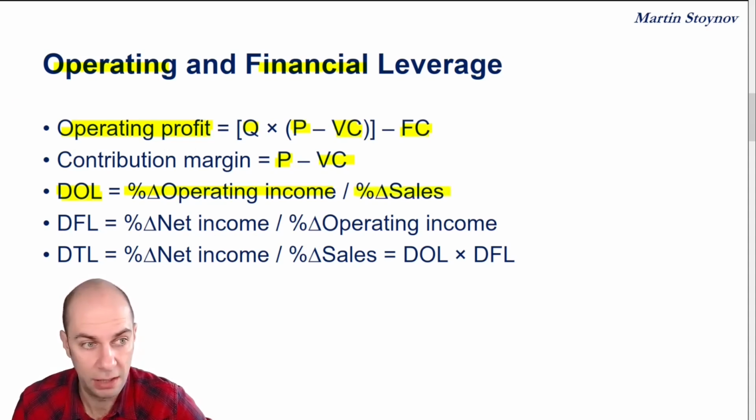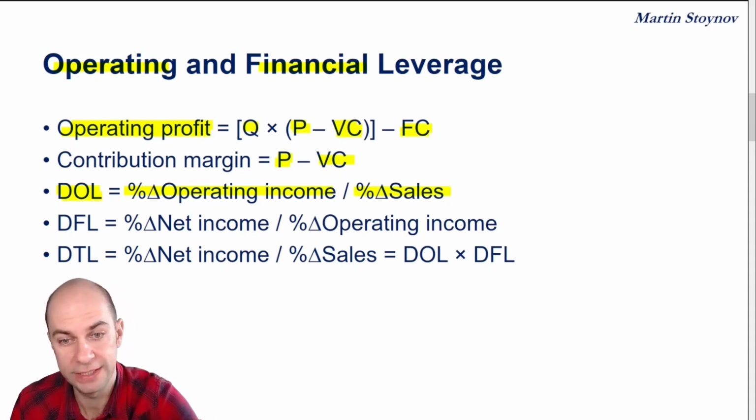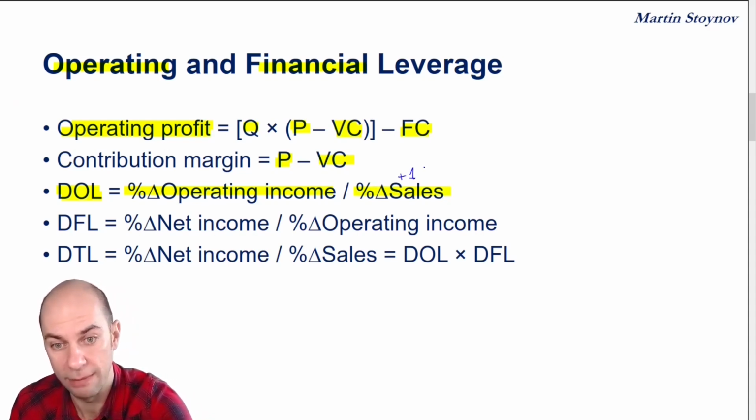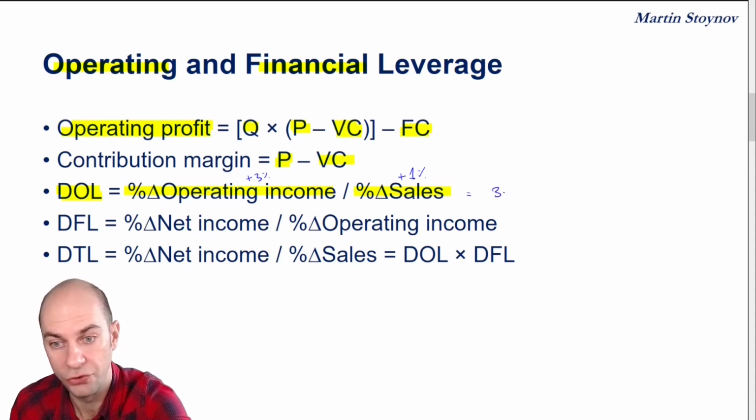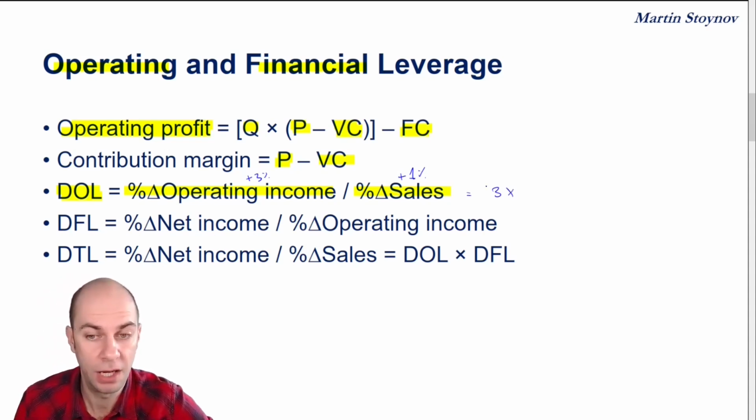So as an example, if I discover that when my sales go up by 1%, my operating income actually jumps by 3%, that's going to give me 3 over 1 or 3x. So that will imply that in the event that sales went up by 5%, then your operating income would go up by 15%. But of course, leverage is a dual-edged sword.